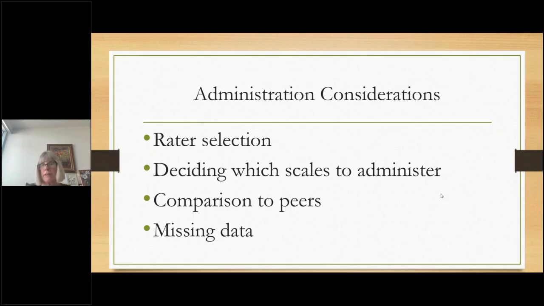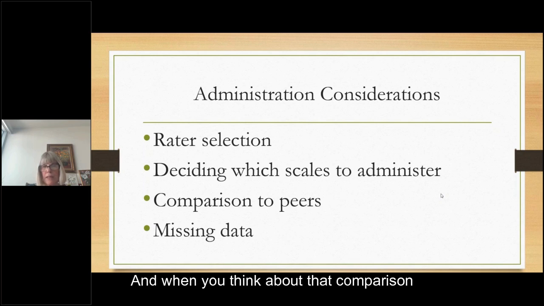As a whole, they said grade level. So our norms are based on grade level: K through 2, 3 through 5, 6 through 8, and 9 through 12. So that comparison group is very important.